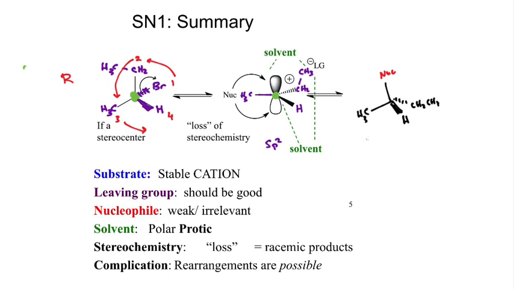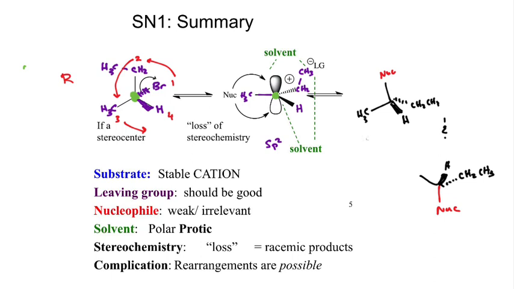Everybody okay with that? Okay. And it would be nice if I could draw it right next to it, but I can't. I also get the scenario where those are pushed the other direction, because our nucleophile came in and formed the bond from the bottom.